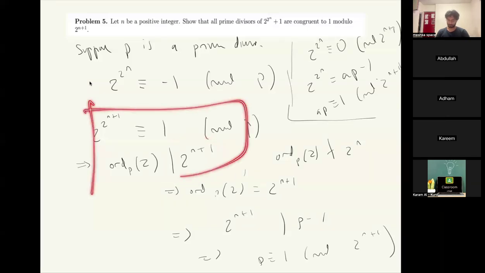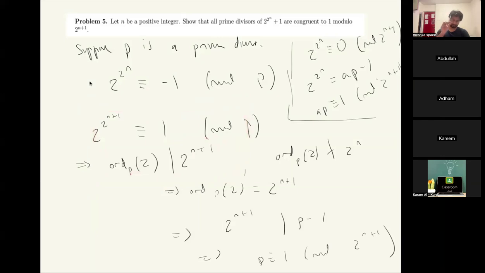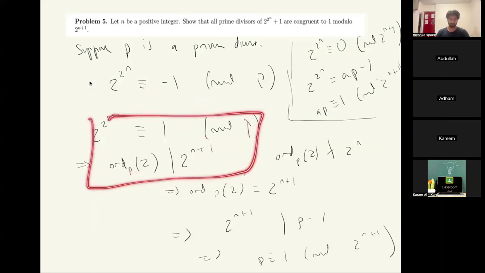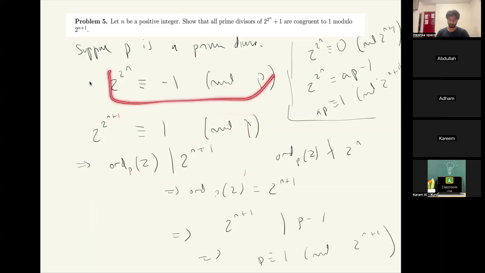Yeah. Right. So okay, maybe I can summarize your argument. The order divides 2 to the n plus 1 like this, and because of this, the order does not divide 2 to the n. That's what this is saying. And the order must be in the form 2 to the m for some m. Exactly. So it shows that it's exactly 2 to the n plus 1. But then you are done, right? Because once you know the order is exactly 2 to the n plus 1, you know 2 to the n plus 1 divides p minus 1.